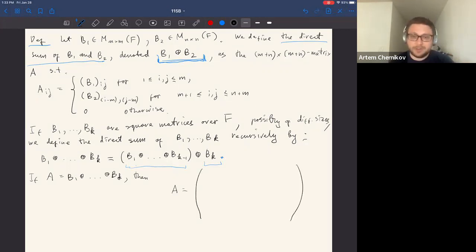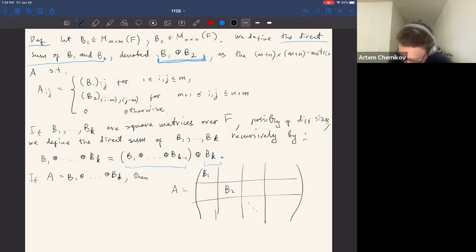It's going to consist of k blocks on the diagonal. So let me draw it like this. We have B1, B2, etc. Okay, I need one more, sorry. So we have Bk here, right?